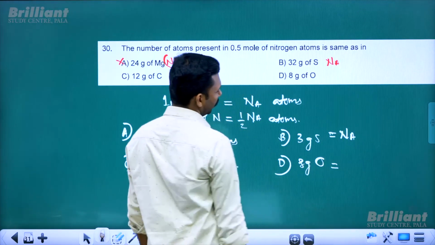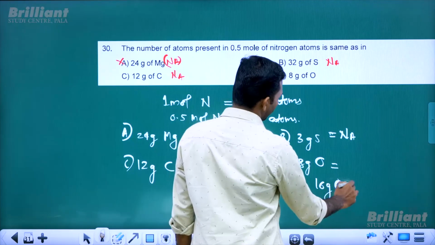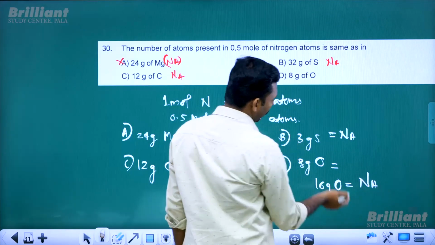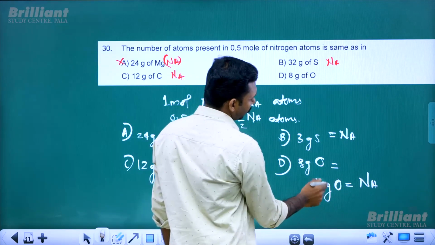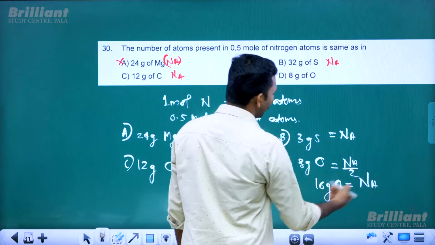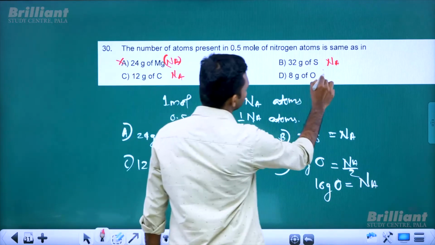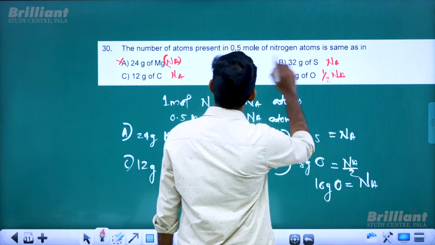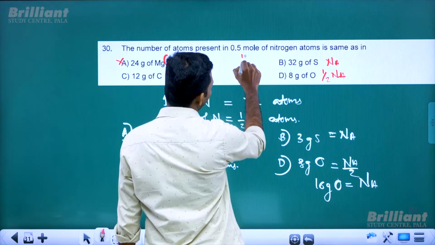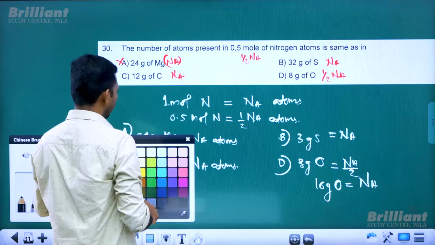We know that 16 gram oxygen would be Na, but it is given as 8 gram, half of 16. So it will be Na by 2, or 1 by 2 Na. That is the answer option here.